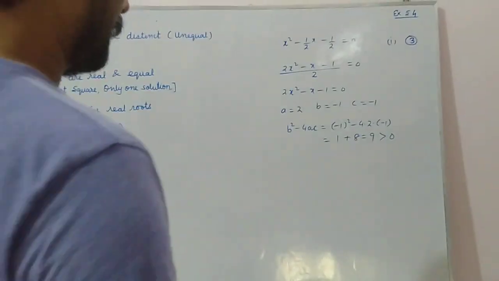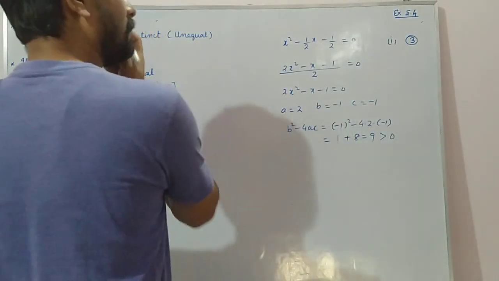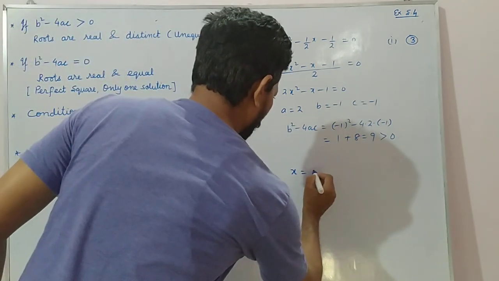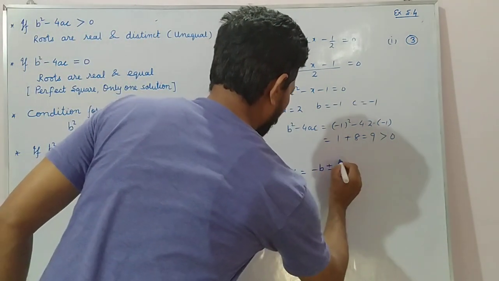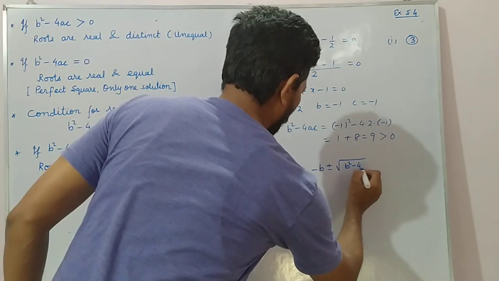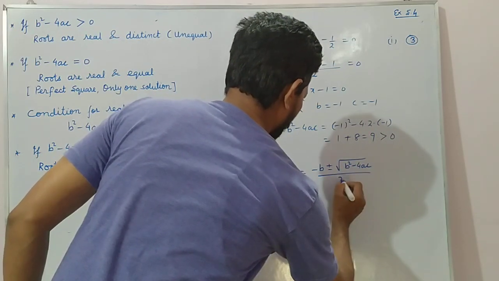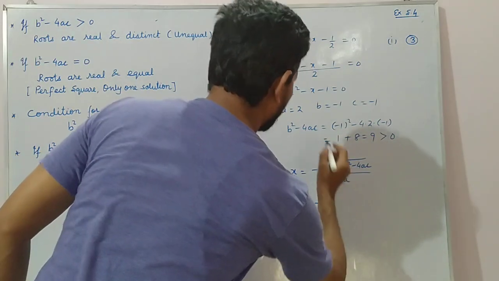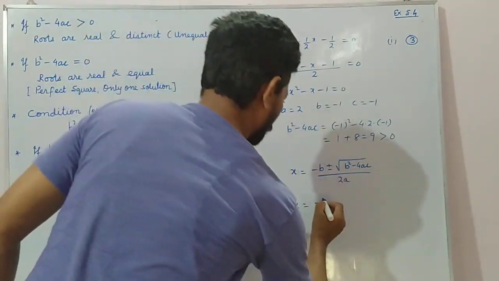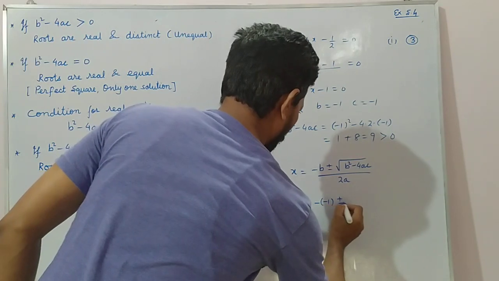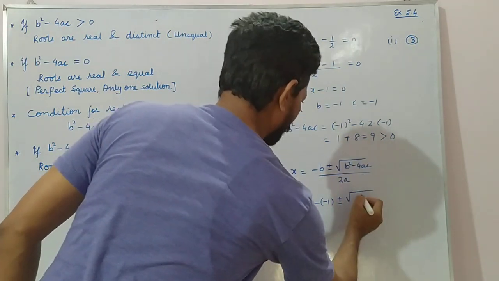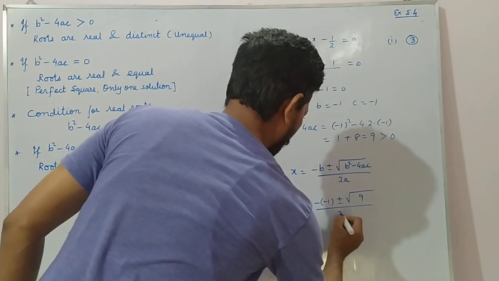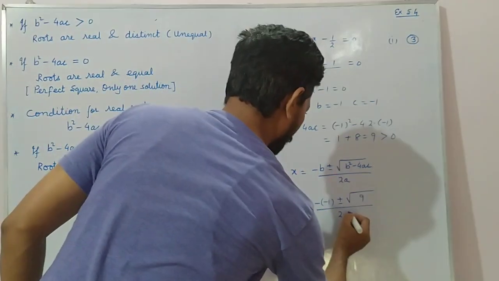So here we will find the roots. X equal to minus b plus or minus root over b square minus 4ac by 2a. X equal to minus b, that is 1, plus or minus root of b square minus 4ac, that is 9, by 2a, that is 4.